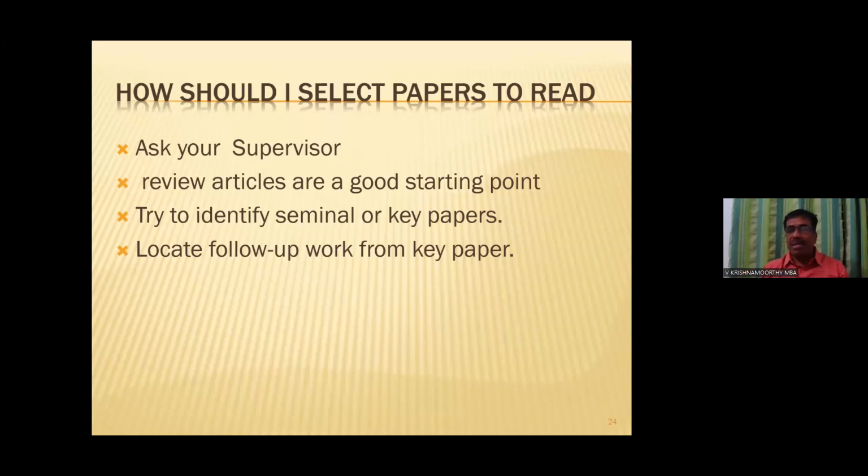Sometimes an article might be cited by only one or two people, but downloaded by several persons. You take this criteria, and based on it you can identify the base paper. Once you have identified the base paper, you can follow the key paper. It will take you in the correct direction.